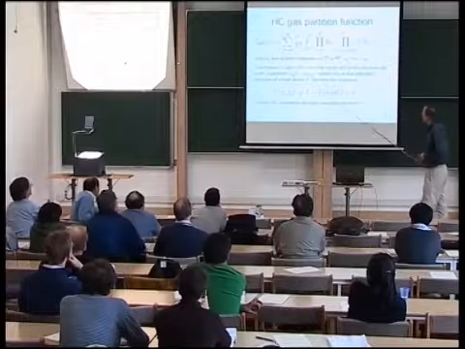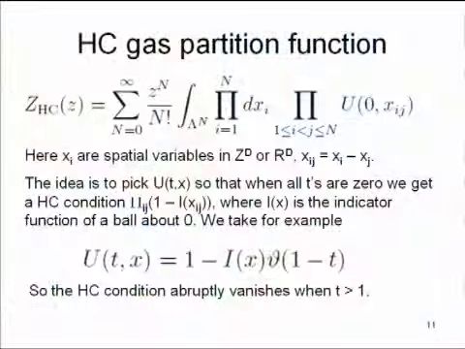All right, so let me look at the hardcore gas partition function, which we've seen many times already. We have an interaction, the hardcore interaction U, and I'm putting, at this point, a dummy variable t in, with a view towards later interpolation. Here the xi are the spatial variables, and the xij is the difference.